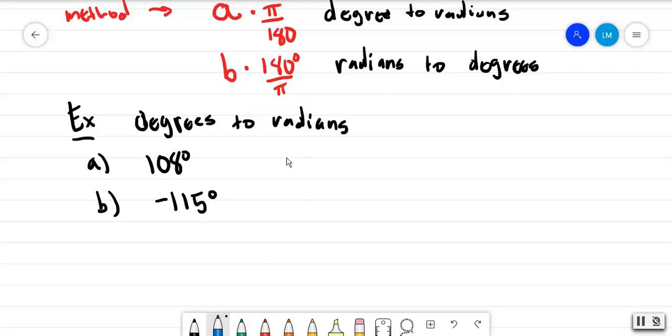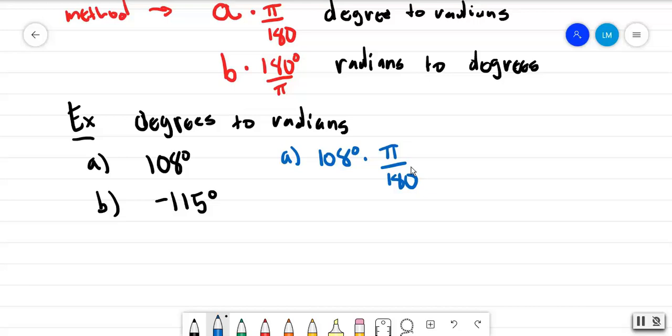Now, the method dictates that, for part A, you would take 108 degrees and multiply by pi over 180. Even though we don't write radians, you can see that the degrees will cancel out, so it works itself out in this case.